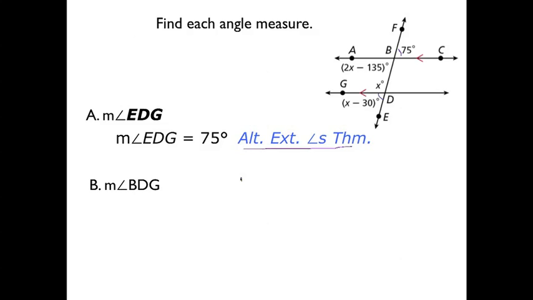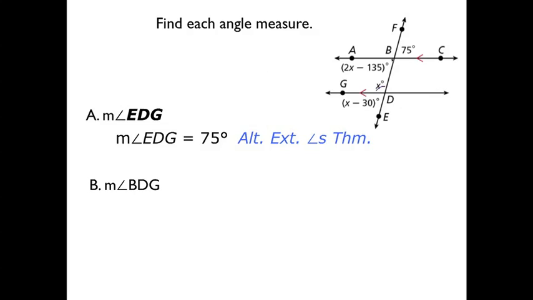Now in terms of angle BDG, BDG is this angle, whoops, not that one. BDG is this angle right here. So it's the one marked with the X. So I want to find that angle right there. Now, what I have is not really conducive to finding X quickly.